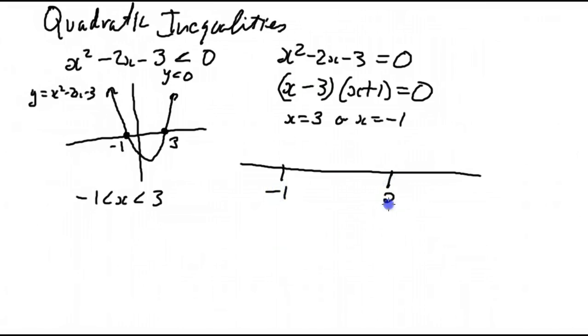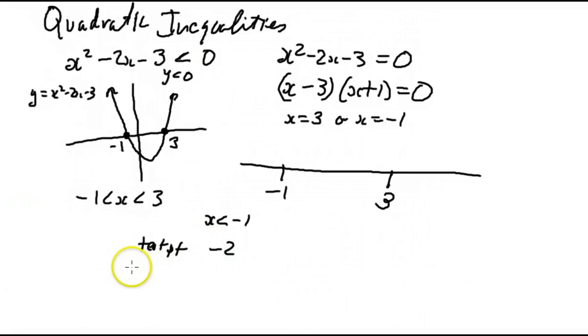So I split the number line into three parts. -1 and 3 are on here, and we've split into three parts: less than -1, between -1 and 3, and greater than 3. So what I want to do is I've got x is less than -1. My test point, I'm going to use -2.